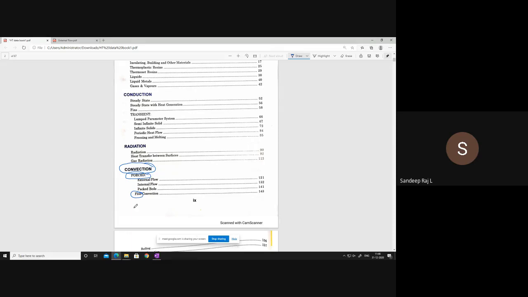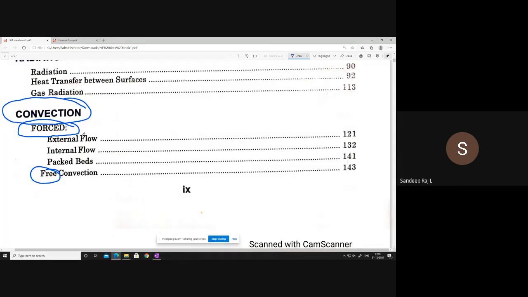In forced convection, we have two things here. The first one is the external flow, which we will be studying now. The internal flow is already completed. So let's move to page number 121. I have made it as a separate PDF here. So you can look at page number 121.